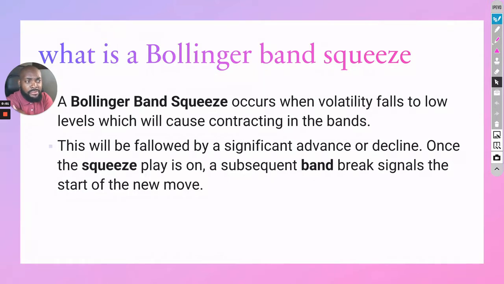Okay, traders, before we are able to use Bollinger Band as a study, we first have to understand what a Bollinger Band squeeze is. Here we have a quick definition. A Bollinger Band squeeze occurs when a stock falls into a period of low volatility, which means the normal volatility in that stock slows down, which causes the Bollinger Bands to contract.